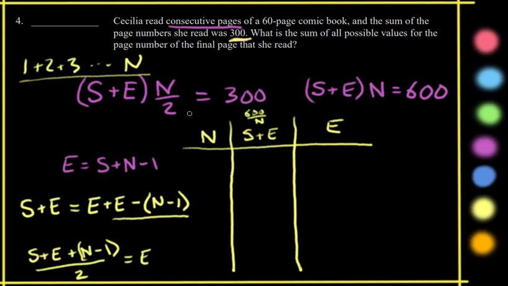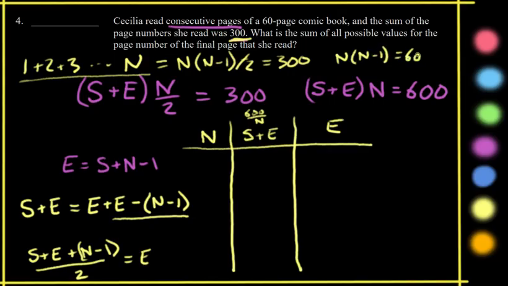So what is that? So 1 plus 2 plus 3 all the way up to n, that's going to be equal to n times n minus 1 over 2, which is equal to 300. And that means that n times n minus 1 is going to be equal to 600.